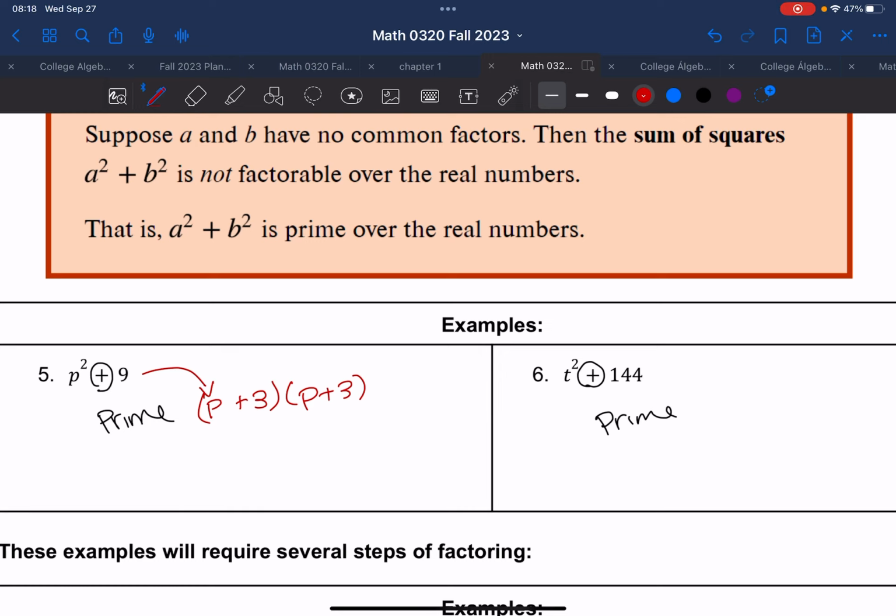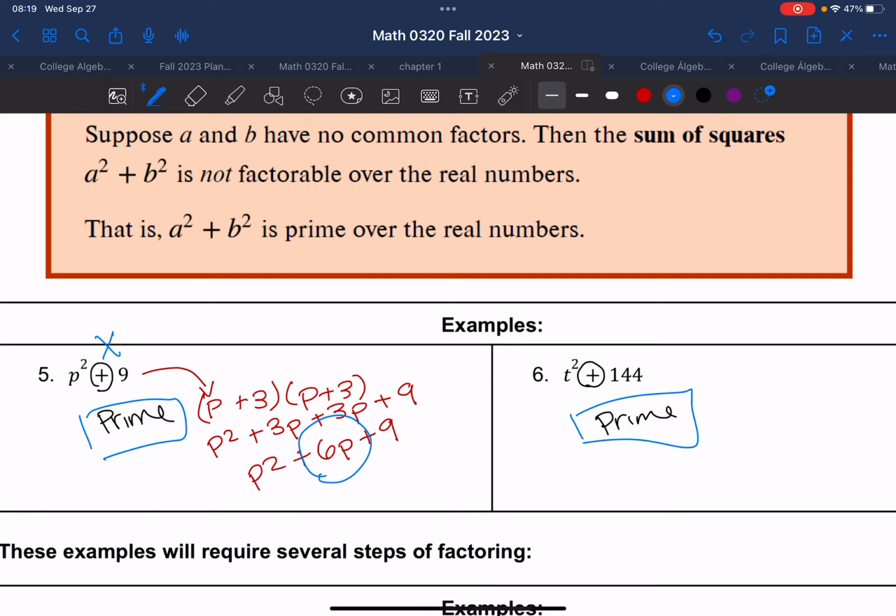But if I was to FOIL this out, this would be p squared plus 3p plus 3p plus 9, which gives me p squared plus 6p plus 9. Notice how it has that middle term, which number 5 does not. So that's why these are prime. So again, this is wrong. This is just showing you why.